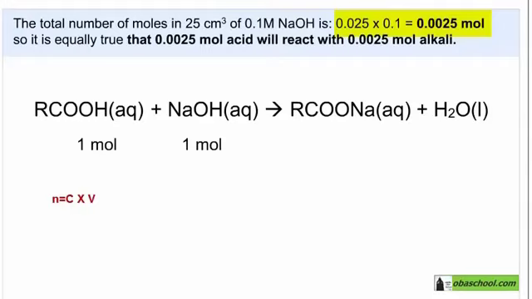From cubic centimeters to liters, we divide by 1000. Thus, 25 divided by 1000 equals 0.025 liters. So we have 0.0025 mole of base and it reacts with 0.0025 mole acid.